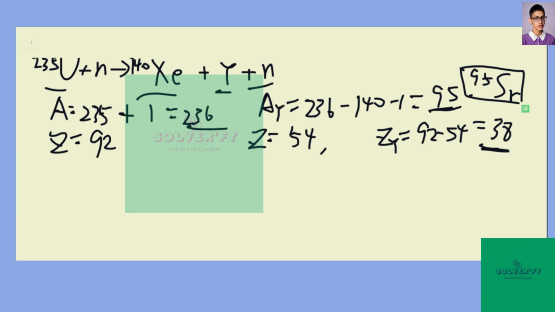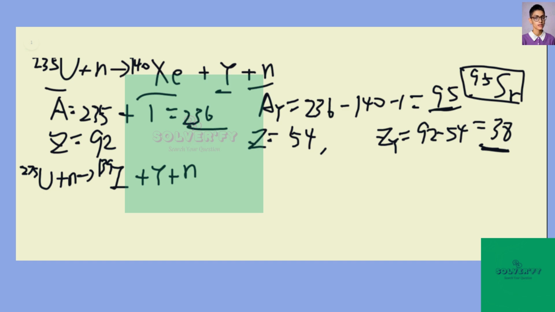And for the second reaction, it's similar. We have uranium 235 plus neutron, it becomes iodine 139 plus an unknown element and plus a neutron.